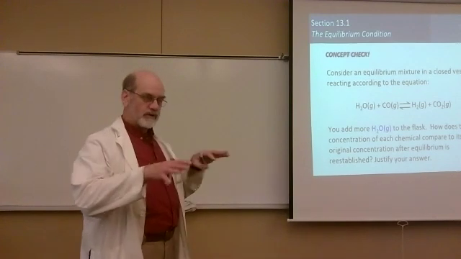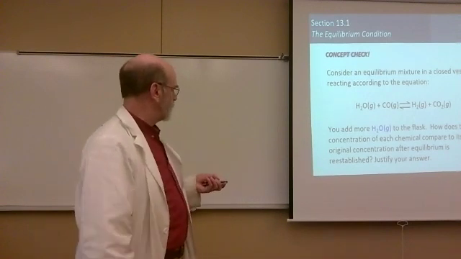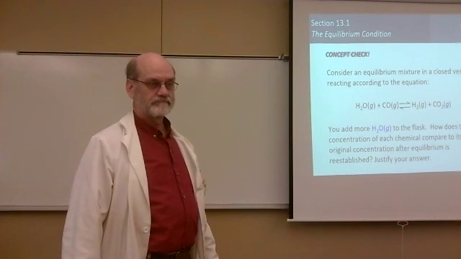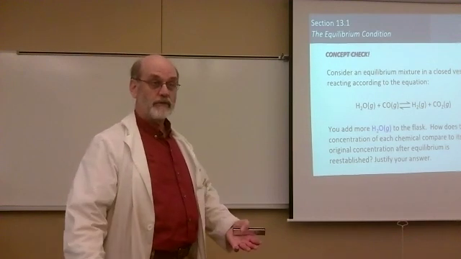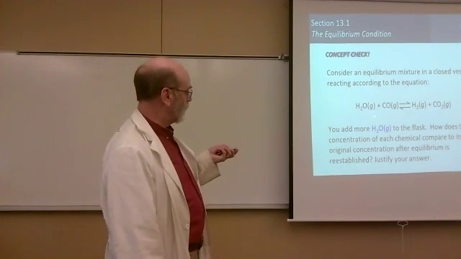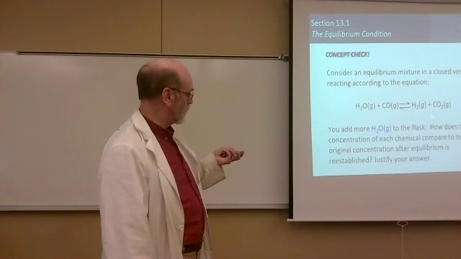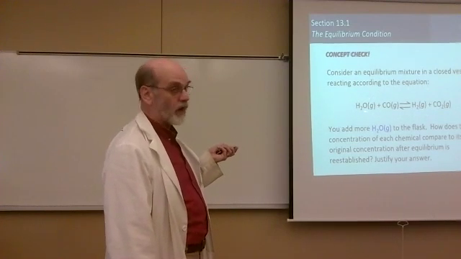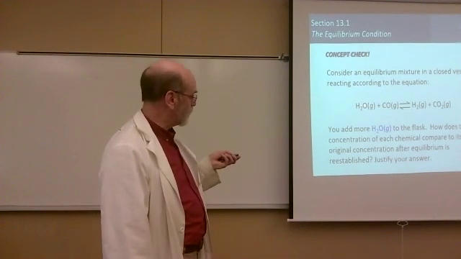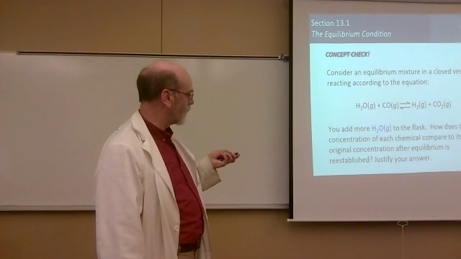Now, once equilibrium is established, what happens if you add more water to the flask? You disturb the equilibrium, right? Because you had reached a point where the balance was established between the forward and reverse rates. But if you increase the concentration of water, it's going to tend to push the reaction in this direction, because you've got more reactant here.